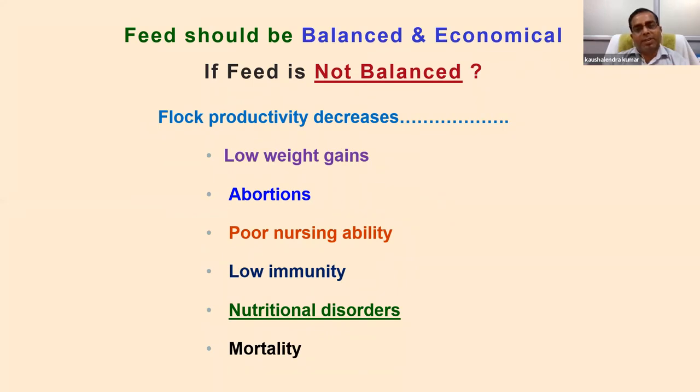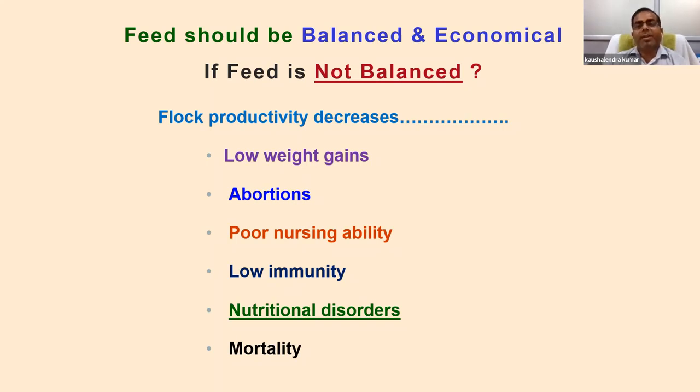Once we formulate considering the economic point of view, it will be better for the farmers as well as the animals. So adaptation will not be affected, and we should give the animal a balanced ration.